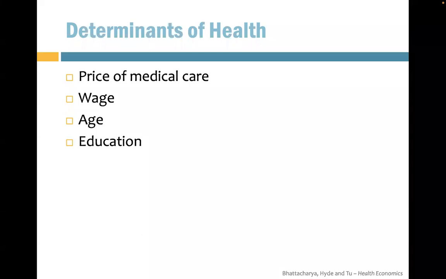Second is wages, which are the income in our budget constraint. There is also age. Age plays the major role in the chances of death. Last one is education. How informed are people in making decisions about their health?